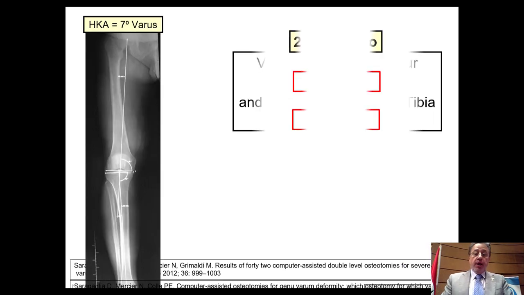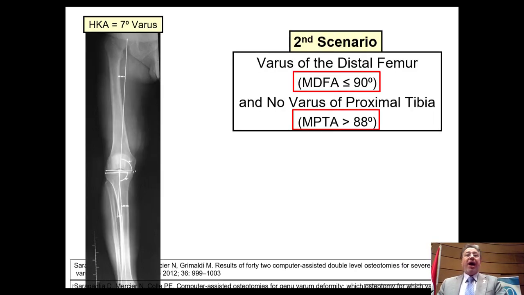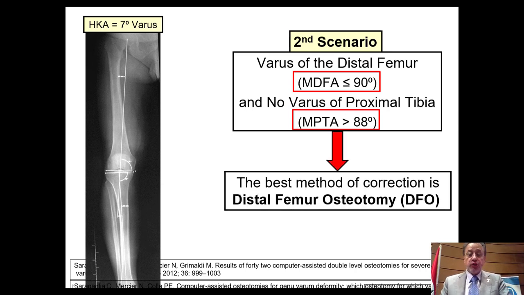Now, the second scenario, when we have a varus of the distal femur and no varus of the proximal tibia, is a very rare situation. It's not very frequent. So the best way to make the correction is what we call a lateral closed wedge distal femur osteotomy.